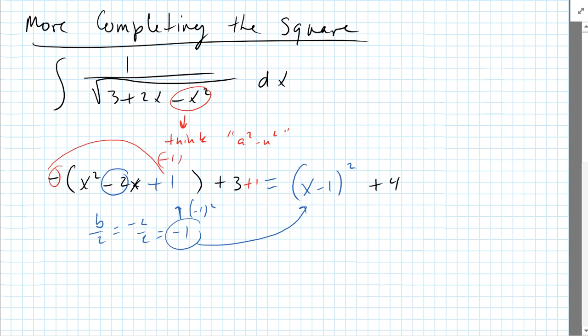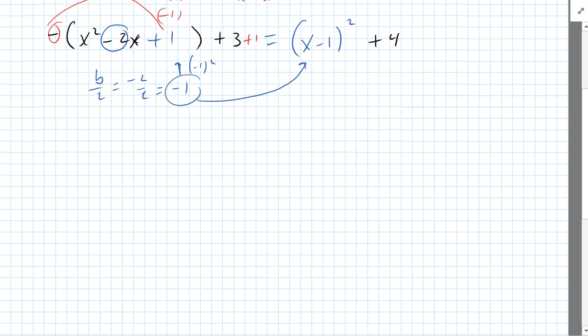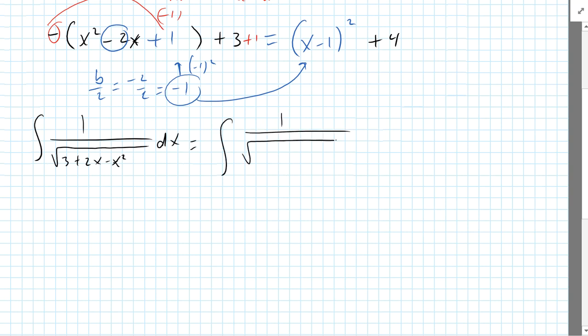So my integral, which was the integral of 1 over the square root of 3 plus 2x minus x squared dx, becomes the integral of 1 over the square root of 4 minus x minus 1 squared, where my u is equal to x minus 1, my du equals dx, so no weird stuff going on that I have to worry about, and my a is equal to 2.